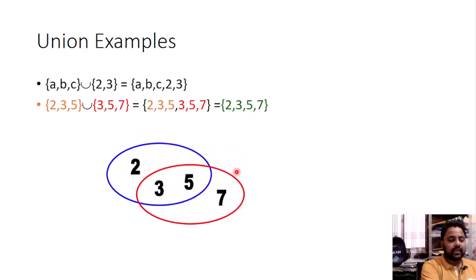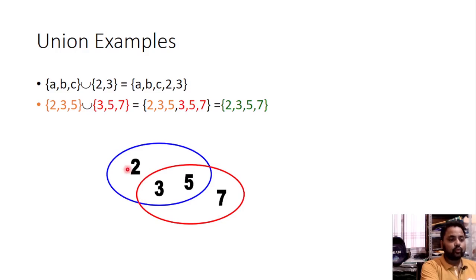And using the Venn diagram, you can simply locate the position of elements. Like here we have two areas. One is the bounded region of the blue, and the second is the bounded region in red.